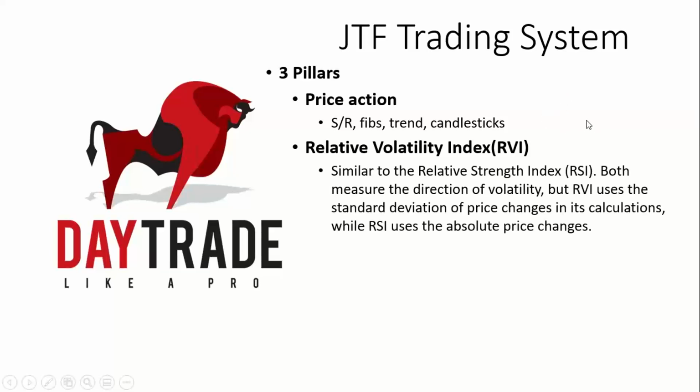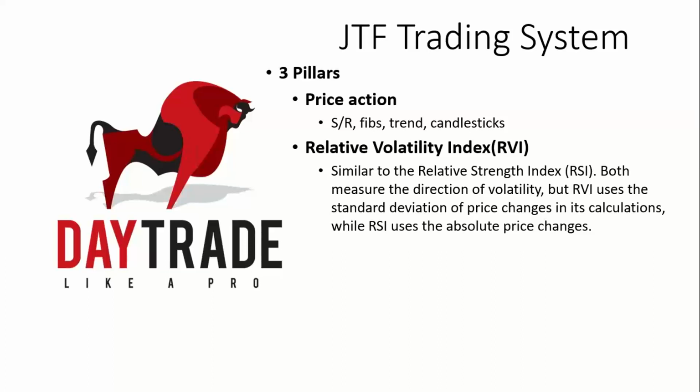Now, relative volatility index is pretty much the same thing as relative strength index. So if you're using RSI right now, all these concepts are going to be directly applicable to your RSI. They both measure the direction of volatility in the market, and they're both the same exact equation or calculation to get the indicator plot on your chart.